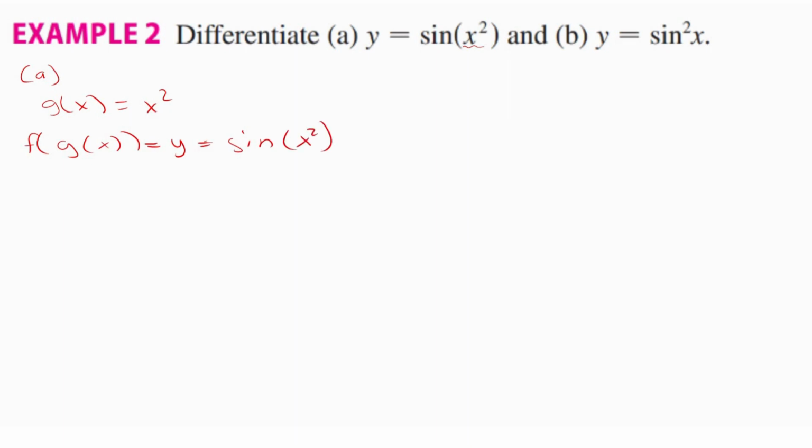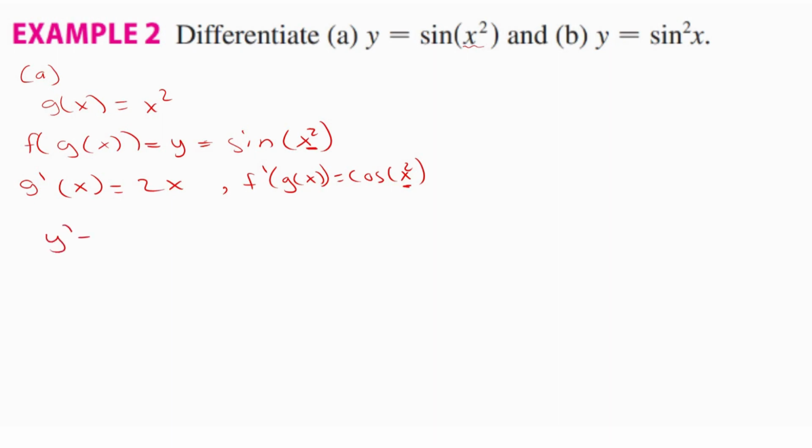So to find the derivative of this, we should first differentiate g at x. This will be 2x, and f prime at g of x is going to be basically cosine of x squared, because we know that the derivative of sine is cosine and it's at g of x, so this is what we get.